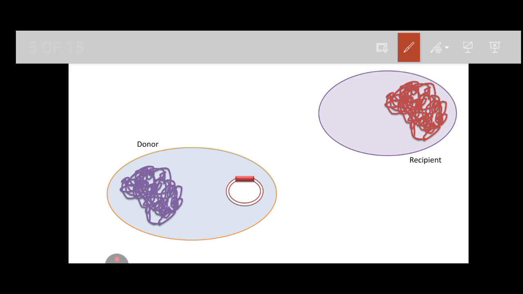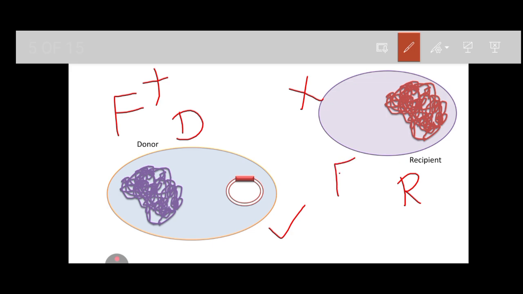On the left hand side is the donor, and on the right hand side is the recipient. You can notice the donor has plasmid DNA, whereas the recipient has no plasmid DNA, so it is called a recipient. In most textbooks, the donor is given as F plus, meaning the organism carrying the fertility factor or F plasmid. Recipients are usually referred to as F minus.